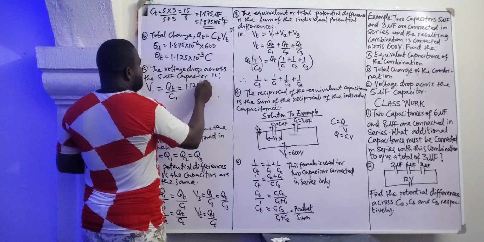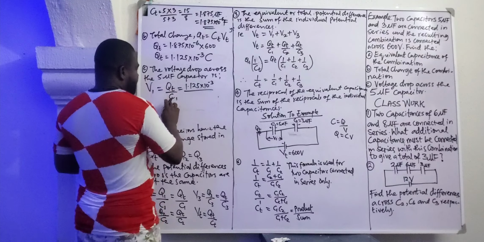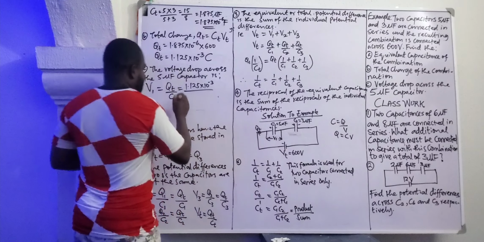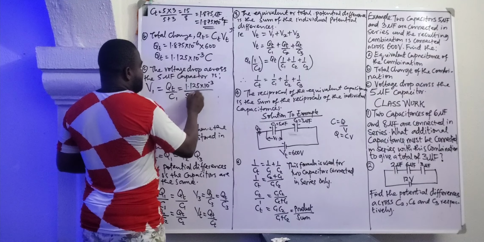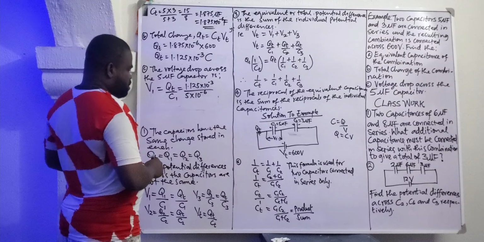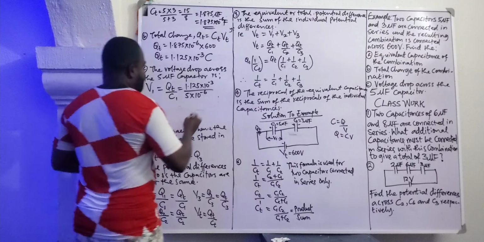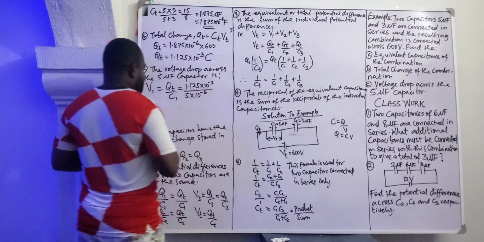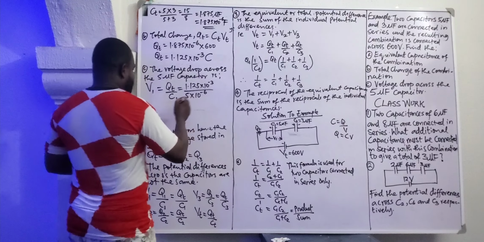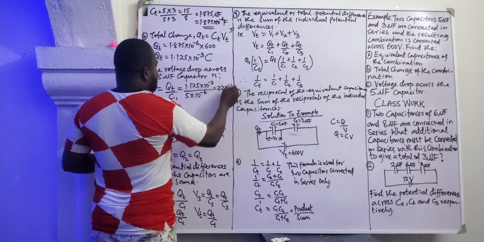So I have 1.125 times 10 raised to the power of minus 3 divided by the capacitance, which is 5 times 10 raised to the power of minus what? 6. Do you see that? So I must remove those submultiple forms before I can apply them in this work. So when you multiply and divide, you get a voltage of 225 volts.